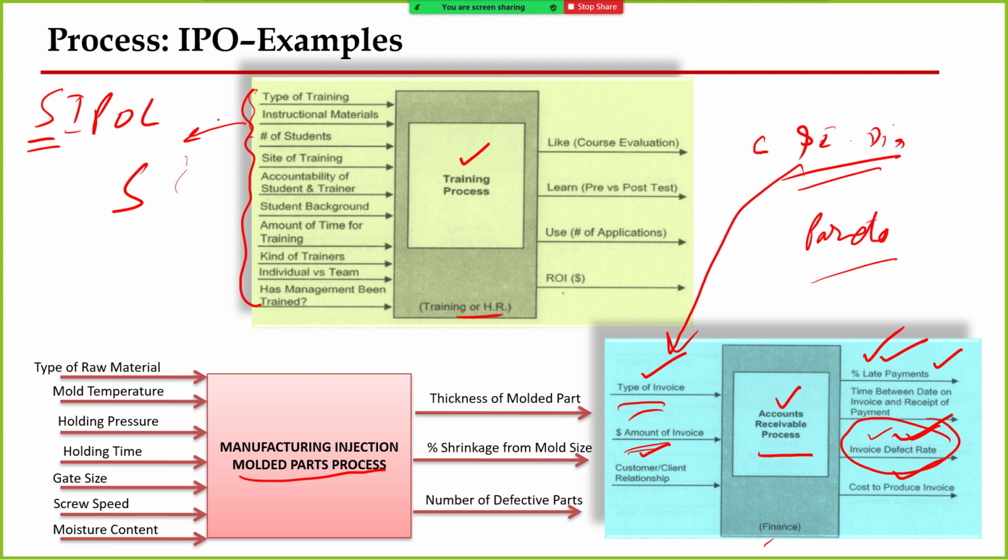When I say supplier, I am not talking about the external supplier only; the previous department could also be acting as your supplier. And where the output goes, that is to the customer, not only the external customer, it could be the internal customer, that means the next department acting as an internal customer.